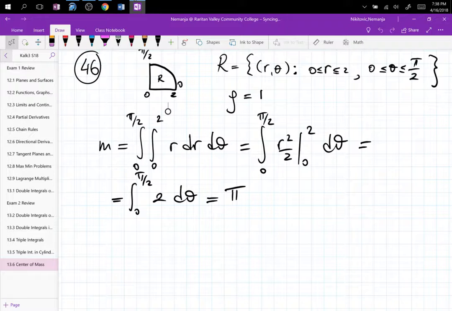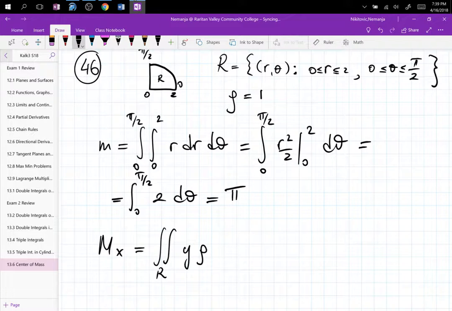Now this is interesting. We have to find the moments on the other ones. Now, Mx was the double integral over region R, y times rho dA.